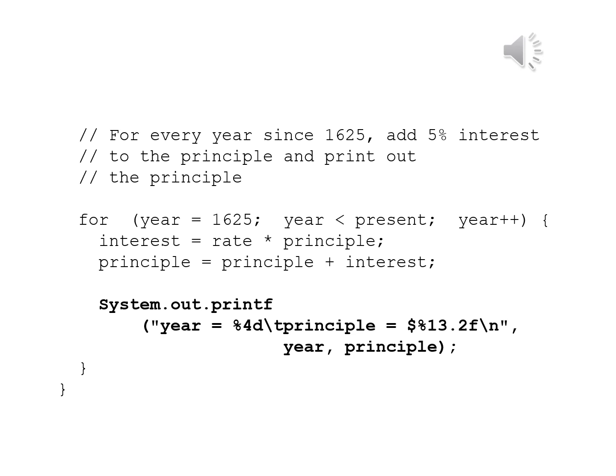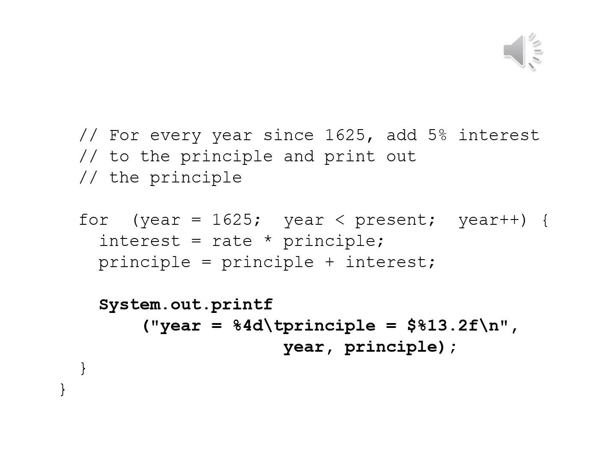Instead of having System.out.println, I have System.out.printf, and inside the parentheses, I have in quotations at first the control string, year equals %4d. So I'll have the year printed with at least 4 spaces in base 10 format, as we would expect, a tab, principal equals $%13.2f.